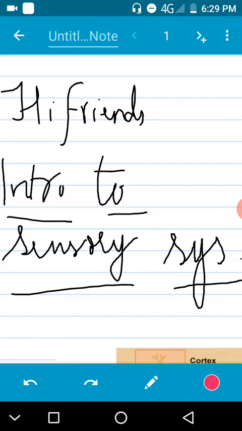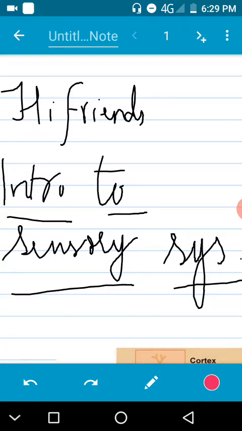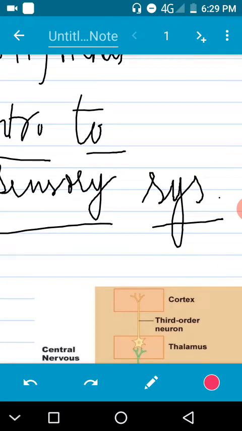Like we'll try to have an overview of the somatic sensory system, and before going to actually having a look at the somatic sensory system, we will first go through what happens in a sensory system overall. I mean, be it the somatic sensory system or be it the special sensory system.